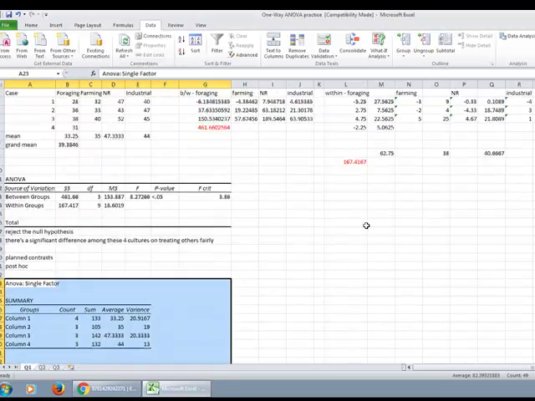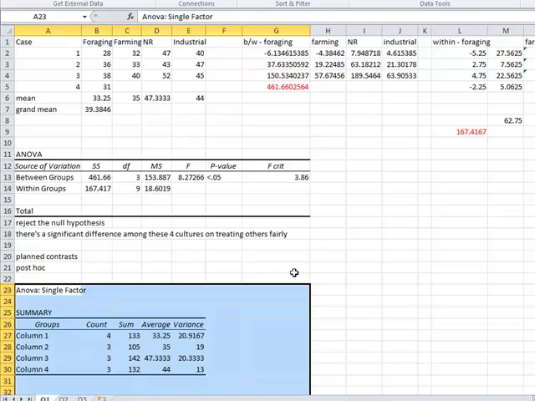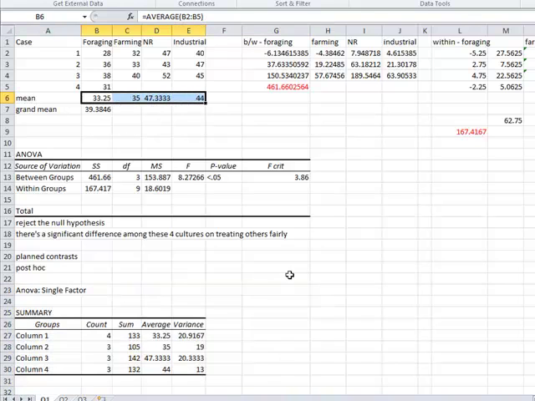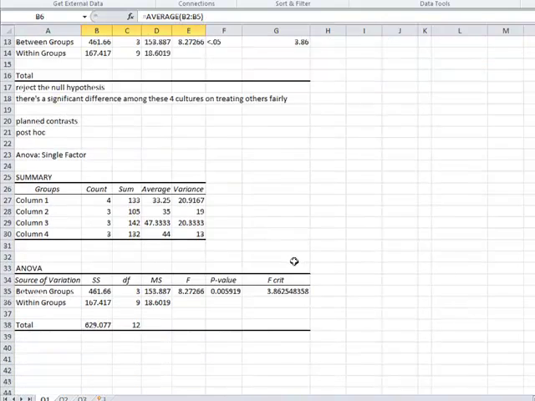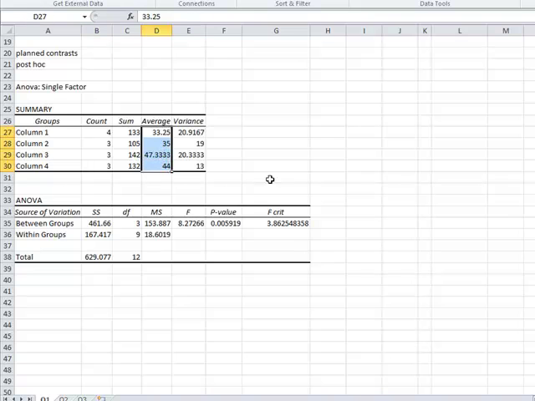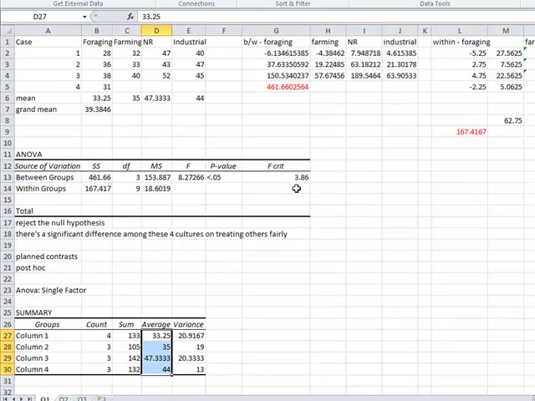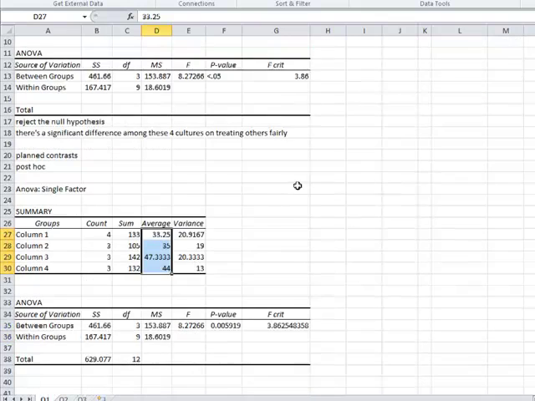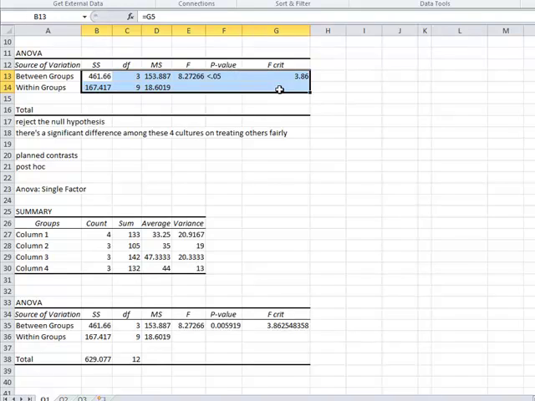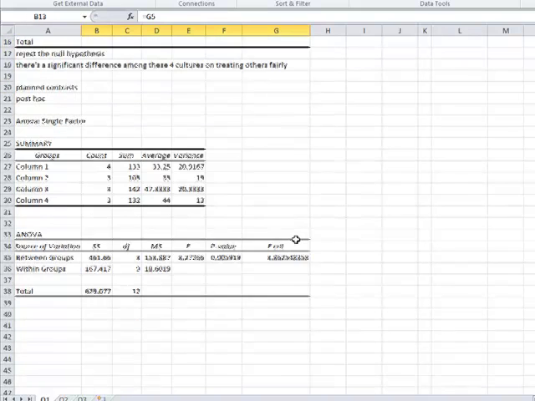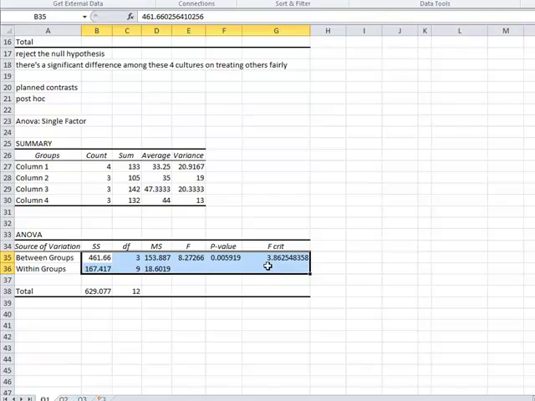Okay, so now you look at this. The means we calculated compared with this are identical. So we are correct. And also look at the table, right? These values are the same, identical with this value.